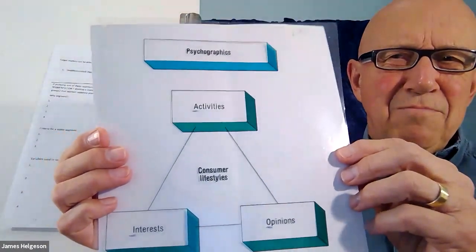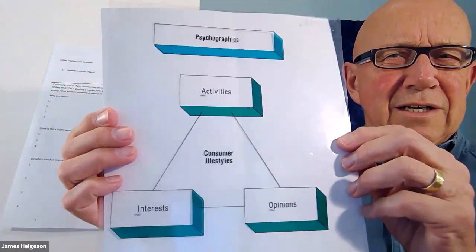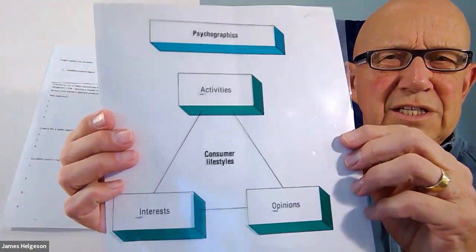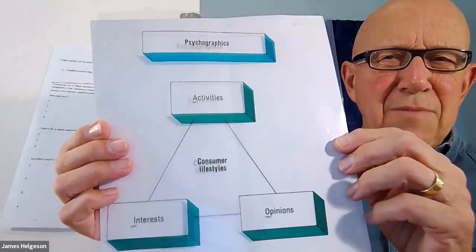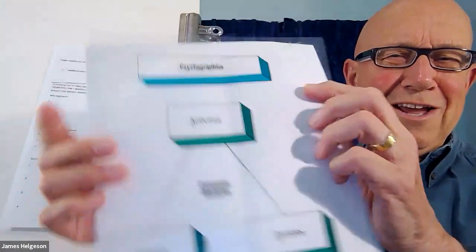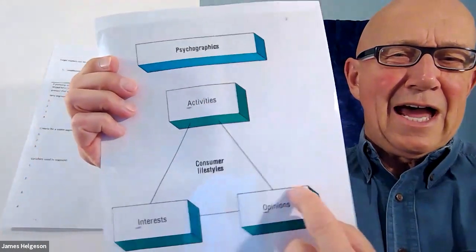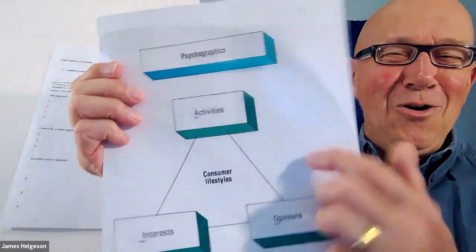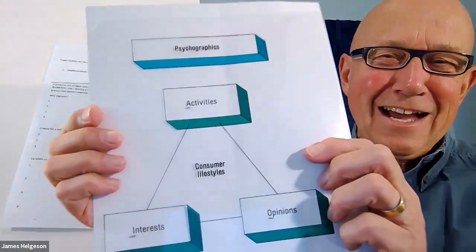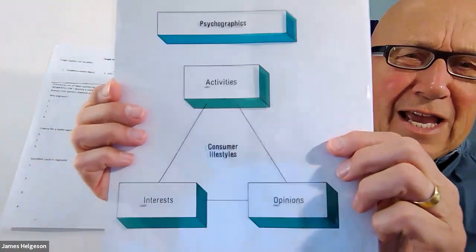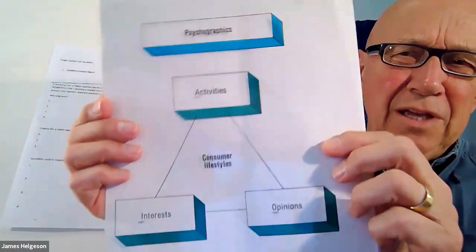It's a more modern category of segmentation variables. It can be measured by looking at these AIO measures: activities, interest, and opinions.